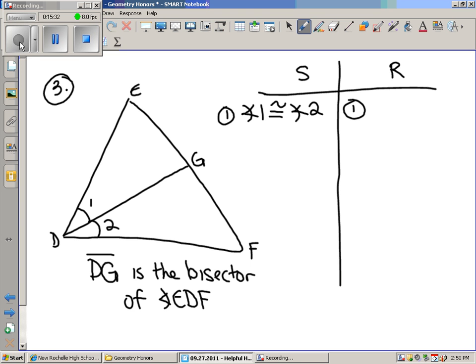An angle bisector, and you can say it in your own language, divides an angle into two congruent angles. Are you guys okay with my symbols?